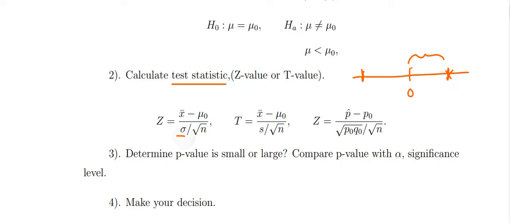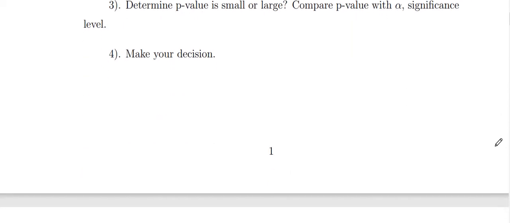If we know the population sigma, then z. If we only know the sample standard deviation and don't know sigma, then we use the t table. Also, if we check a population proportion, it is usually z, because the sample size is quite big. So this is the one sample problem.